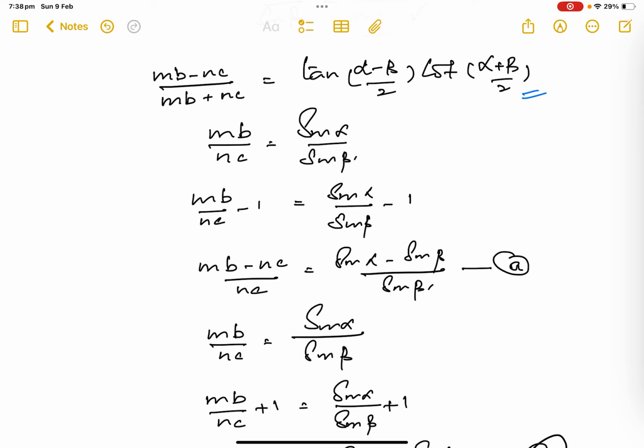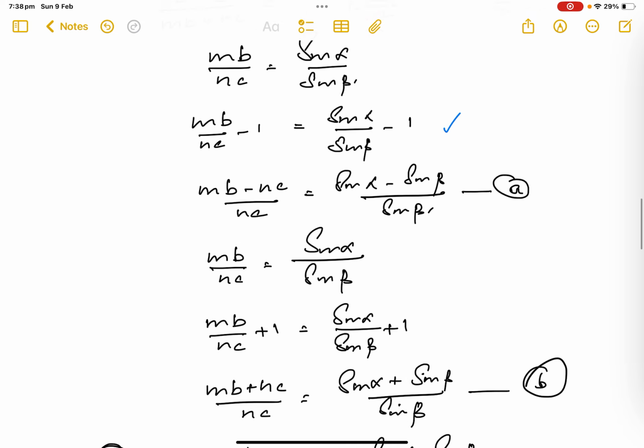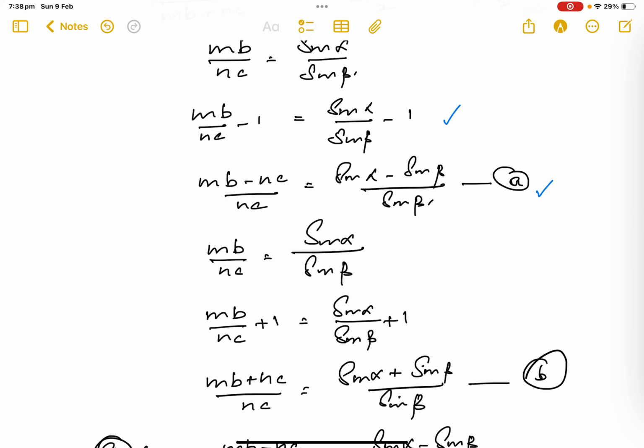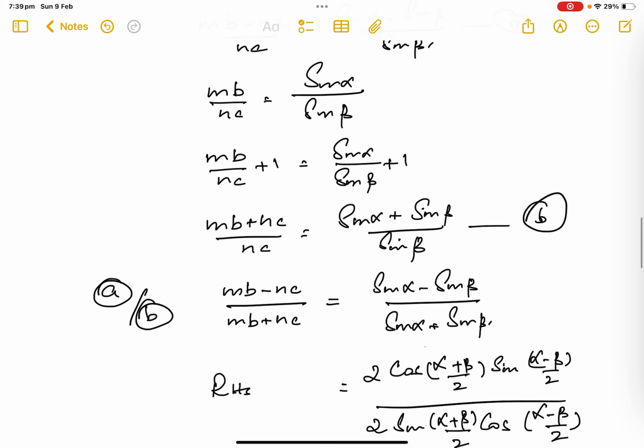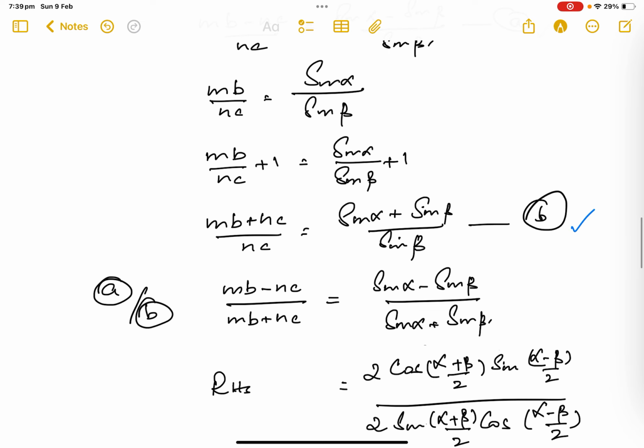So Mb minus Nc over Nc equals sine alpha minus sine beta over sine beta. That is equation A. Then the same, Mb over Nc equals sine alpha over sine beta. This time add 1 to both sides. That gives us Mb plus Nc over Nc equals sine alpha plus sine beta over sine beta as equation B.